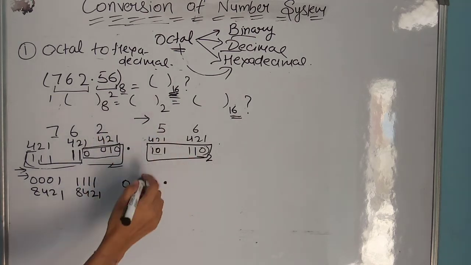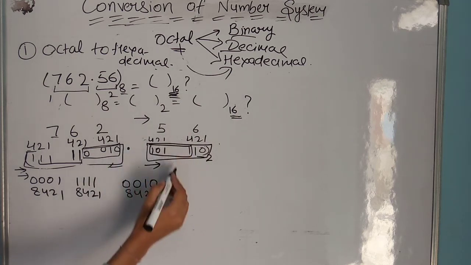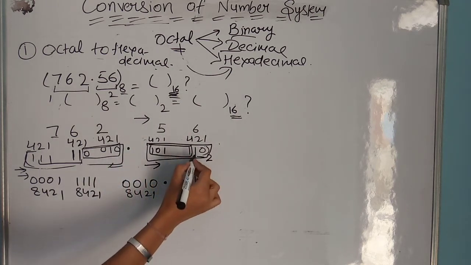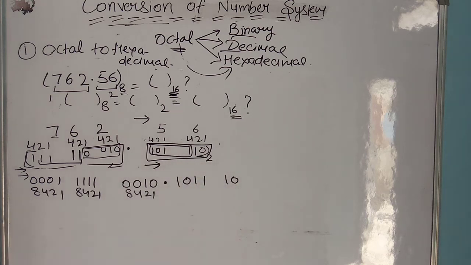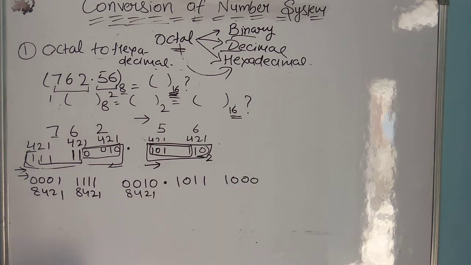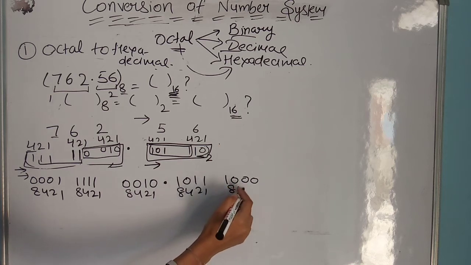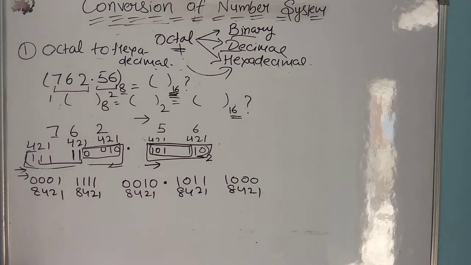After the point we fetch from left to right. Fetch 4 digits, 1 0 1 1, and the other group has only 2 bits, so we complete this group by using 2 zeros. Now apply 8 4 2 1 for this group, and 8 4 2 1 for this group.